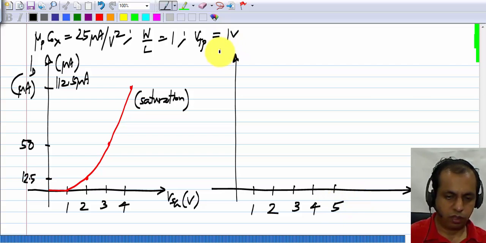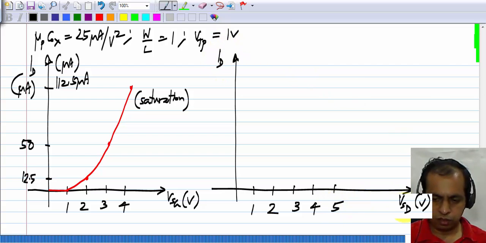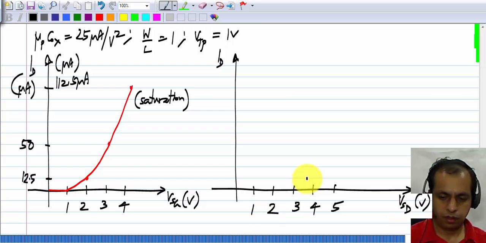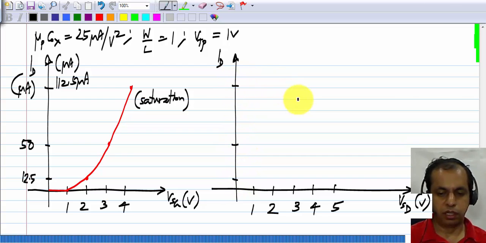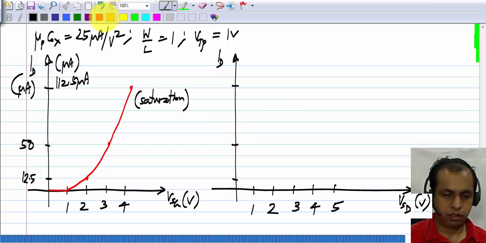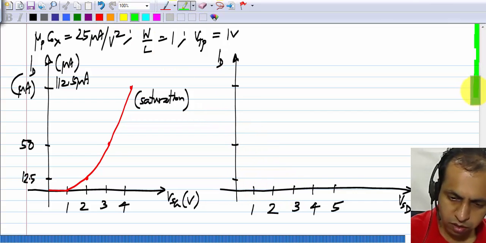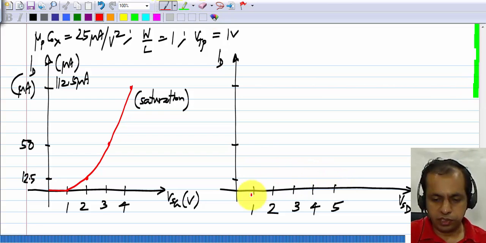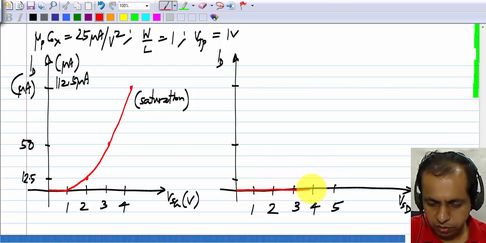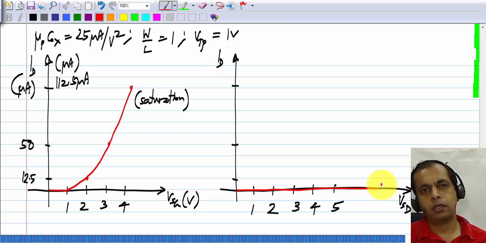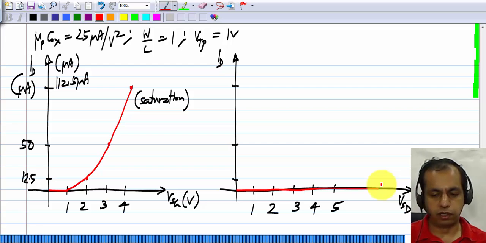You can also draw ID versus VSD, and the shape of course is similar to what you see with an NMOS transistor. When VSG is less than VTP we have no current in the transistor.